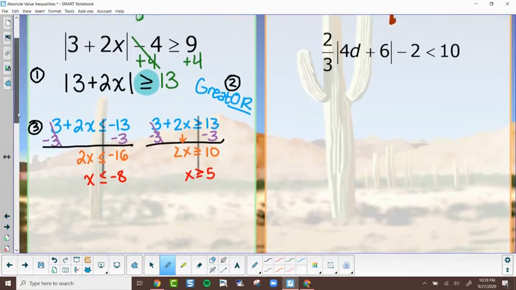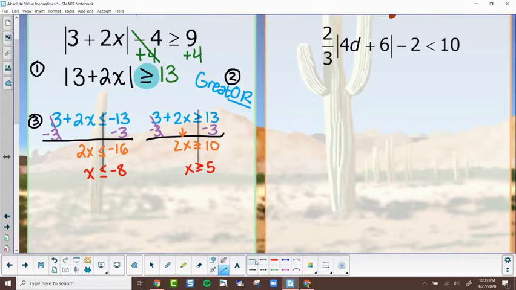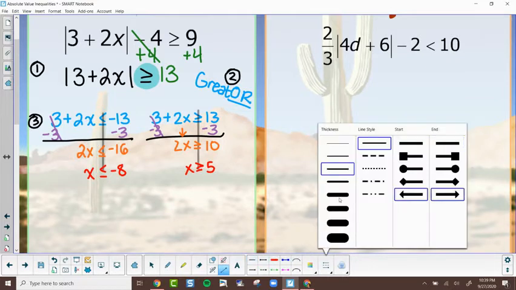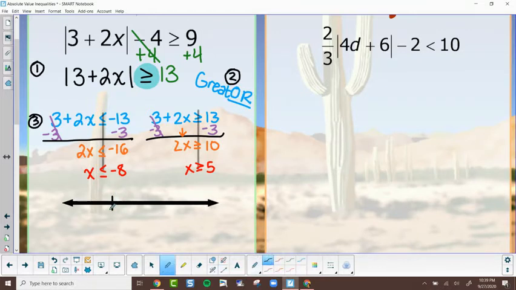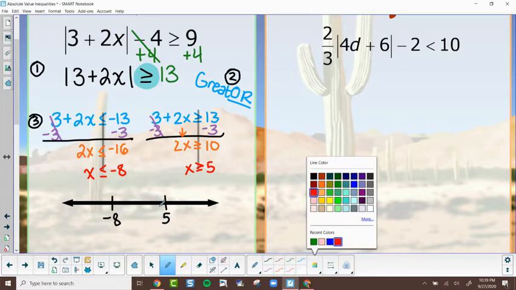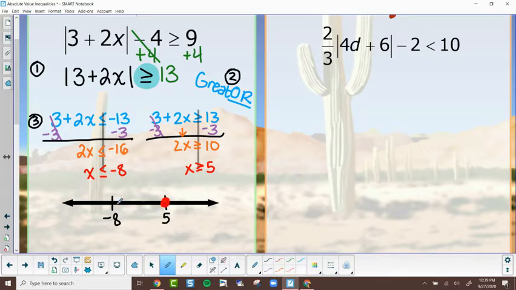Final solutions. So now I'm going to go ahead and create myself a number line. And I'm going to graph them on my number line so I can see what this looks like. And then I can do my final solution set. So here is negative 8 on my number line. Here is the number 5. I've got closed on both. And okay, everything below is right here.